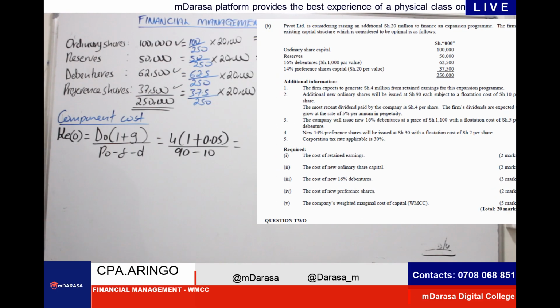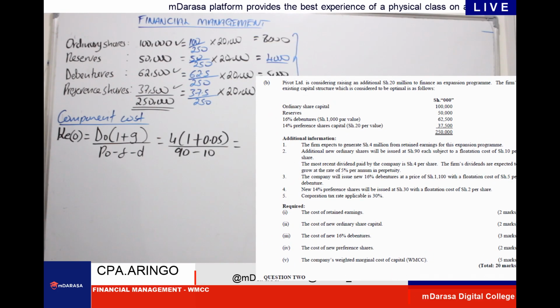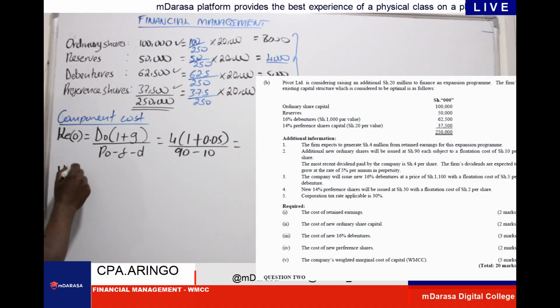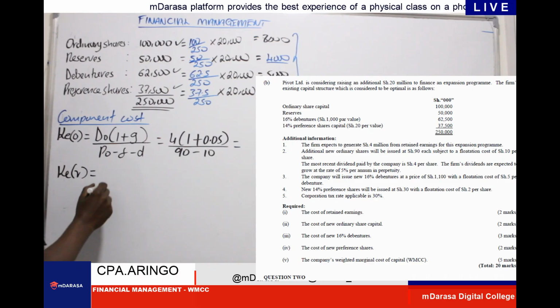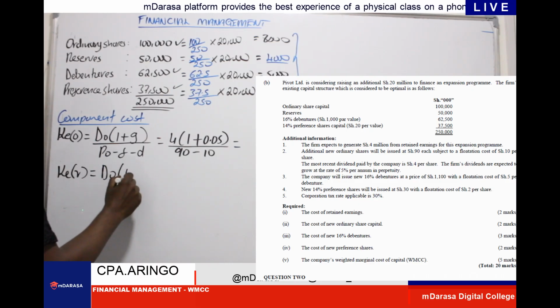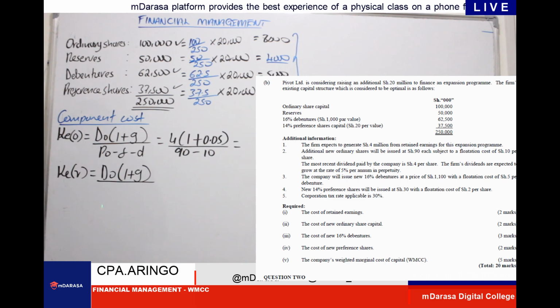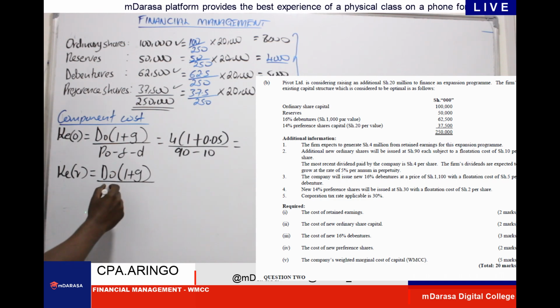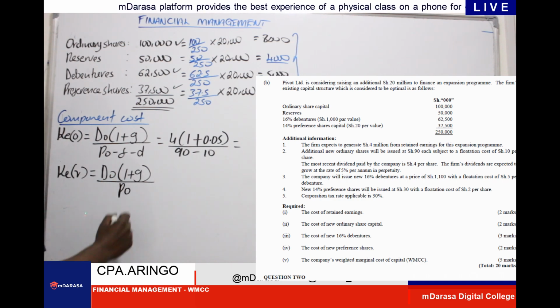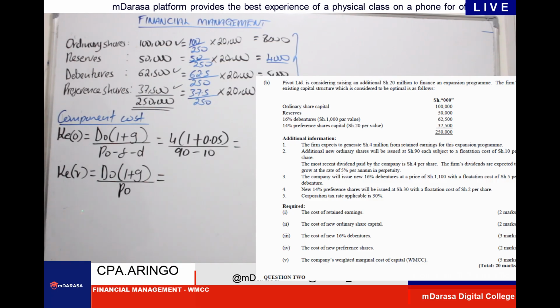Our ordinary shares. The other part we solve for cost of equity, but this time we want retained earnings. Because retained earnings we are not issuing, the cost of equity for retained earnings will be D0 (1 plus g) over P0, only this time I consider P0 without any flotation cost.